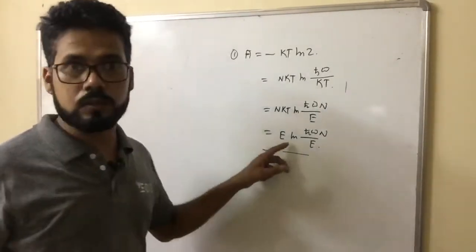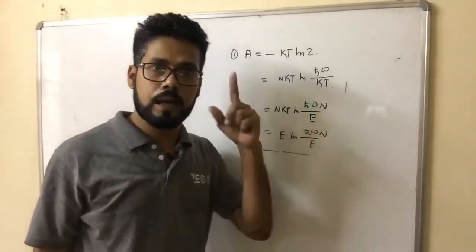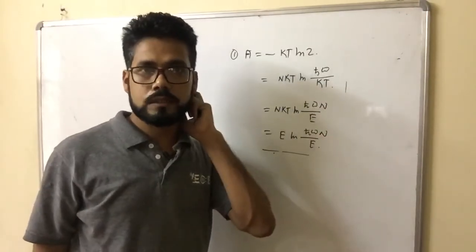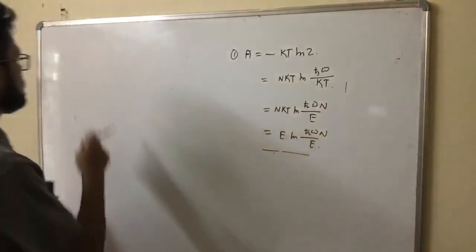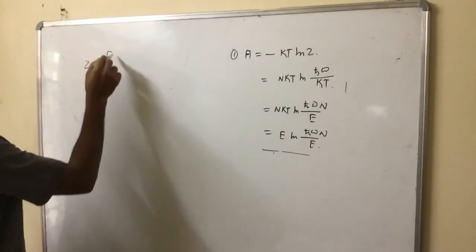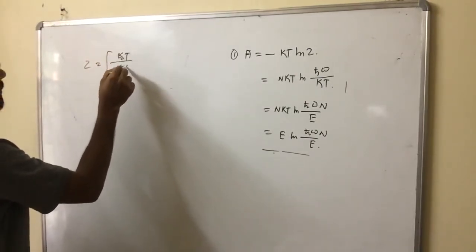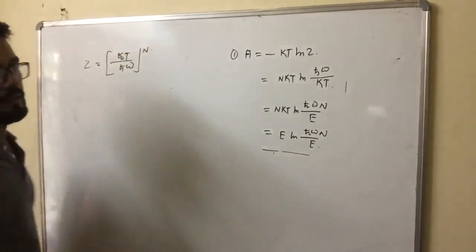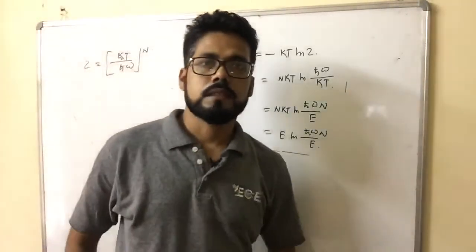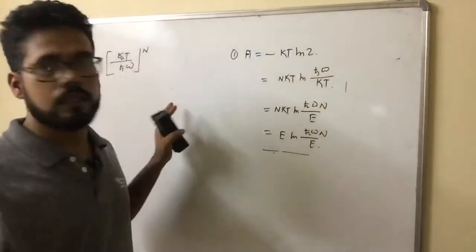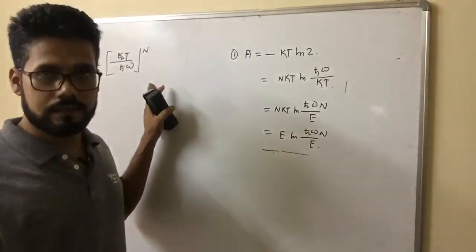Another important consequence is how to analyze a special case. In one question I gave you, the partition function of a system is (kT / ħω)^N, for a one-dimensional system of N particles.